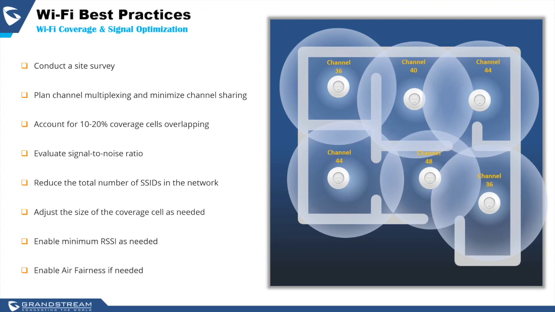As you might already know, the 5 gigahertz band provides more non-overlapping channels than 2.4 gigahertz, which only has 3 non-overlapping channels. And we're talking about channels 1, 6, and 11.